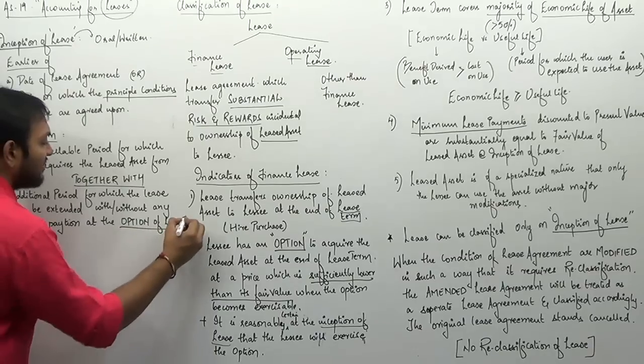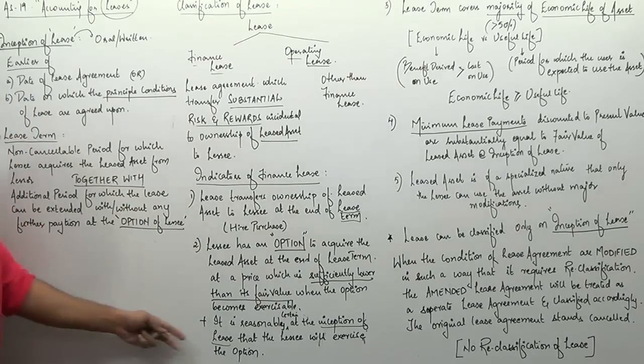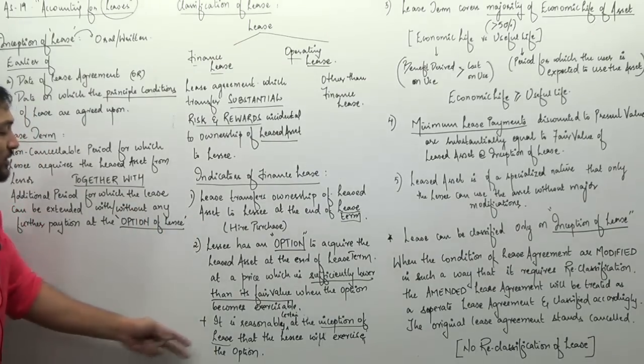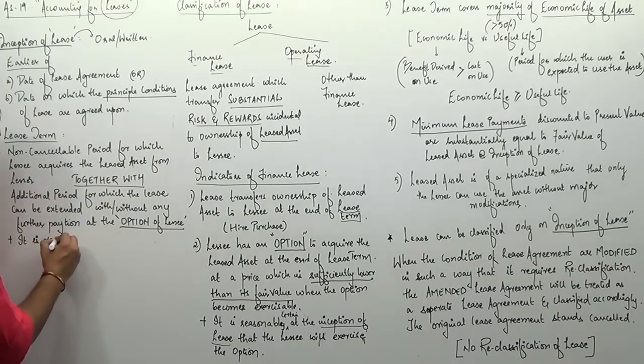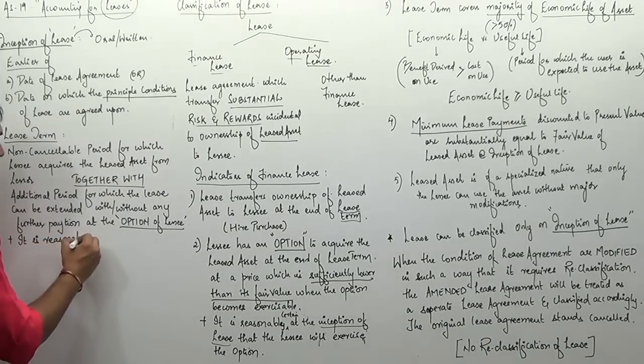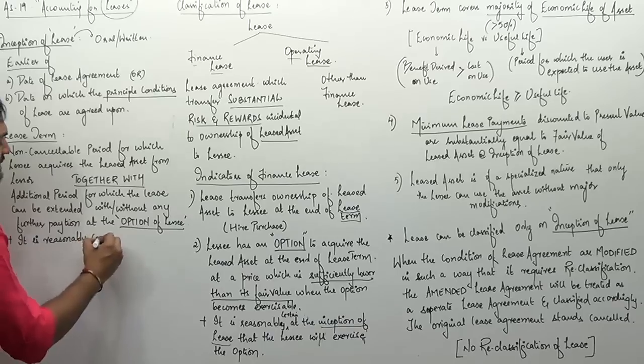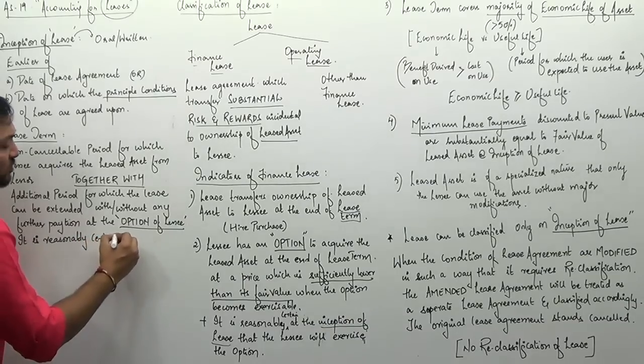I told you whenever this condition comes up, option of lessee, I need to take up the last condition. And it is reasonably certain. Just copy paste whatever is there.